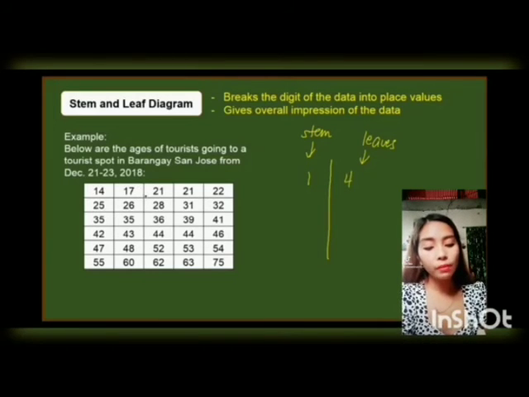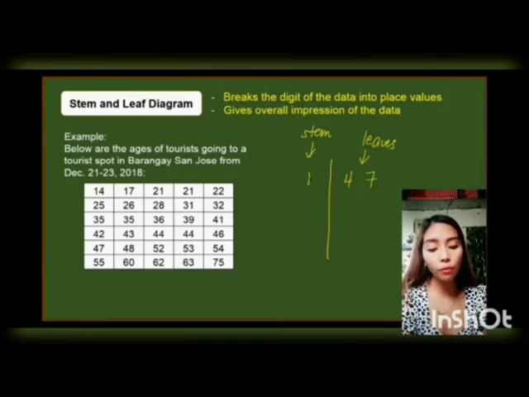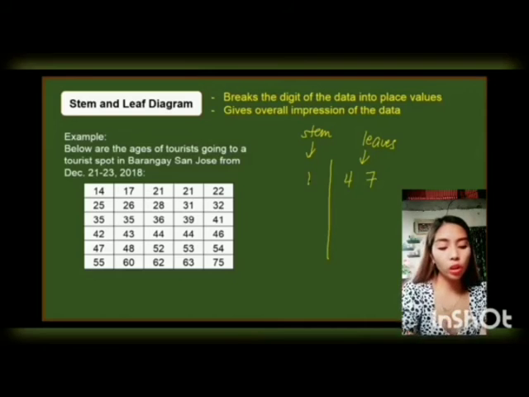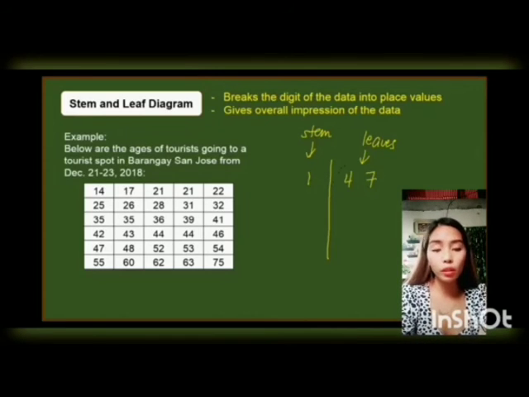Next, we will have 17. Since 17 shares the same tens digit as 14, we'll not write 1 again. We'll just put 7 next to 4. It means the data having a tens value of 1 have 2 qualifying data, which are 14 and 17.